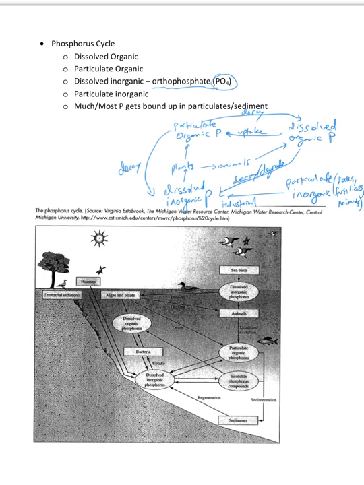And so those can go into fertilizers, for example, which we would apply to plants. Okay, so this is essentially what's happening in the phosphorus cycle all the time. Interconversion between dissolved, particulate, organic, inorganic. And unlike with nitrogen and carbon, most of the phosphorus gets bound up in the particulate form, in sediment, for example. And so that's where we tend to find it in the aquatic environment.